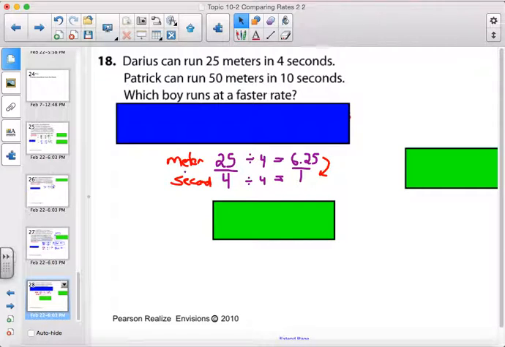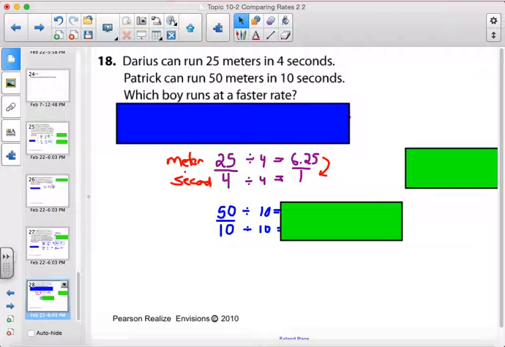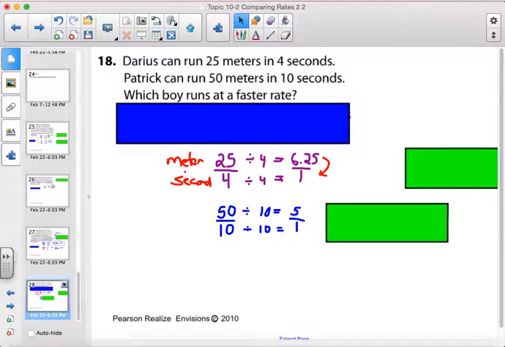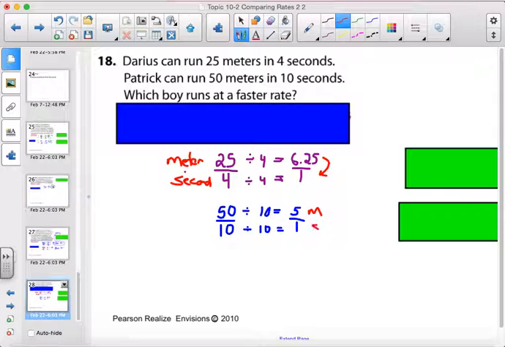Okay? And then if we want to look at Patrick's, Patrick has a 50 to 10 rate. If we divide both terms by 10, we will get a unit of 1, and the other term we will get 5. So in this case, it would be 5 meters for every 1 second.